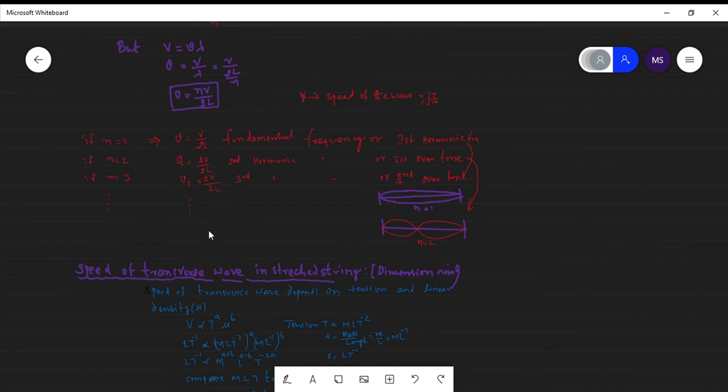Like this, if n loops are formed, this is the nth harmonic frequency and the (n minus 1)th overtone frequency.